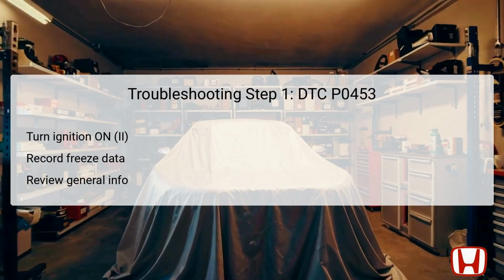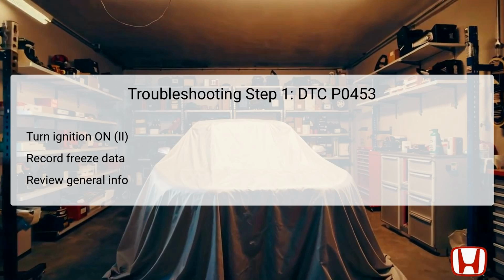Freeze data contains specific parameters that were occurring when the fault was detected, providing valuable insights for diagnostics. You should also review general troubleshooting information for your specific Honda Civic model. This background knowledge will be essential as you proceed with diagnostics, ensuring that all potential issues are effectively considered during the troubleshooting process.